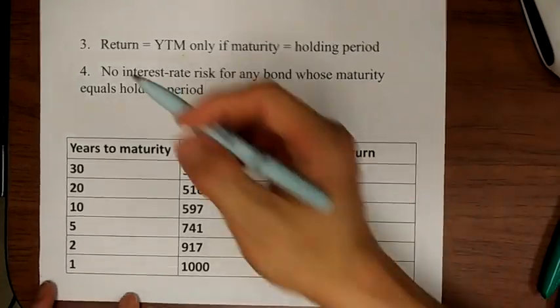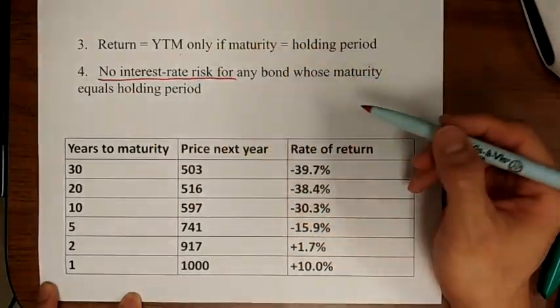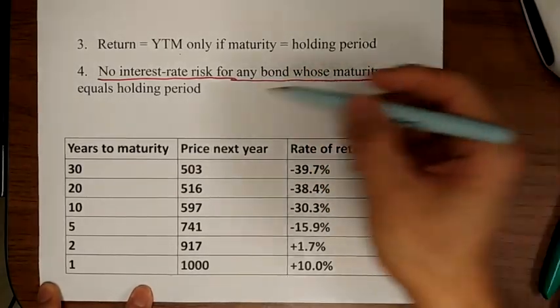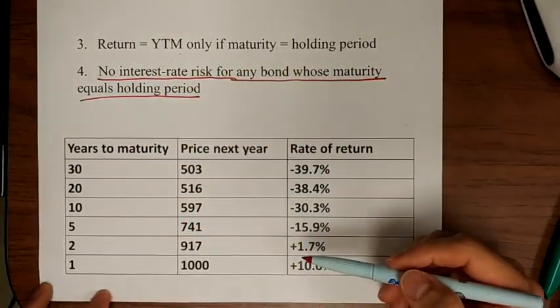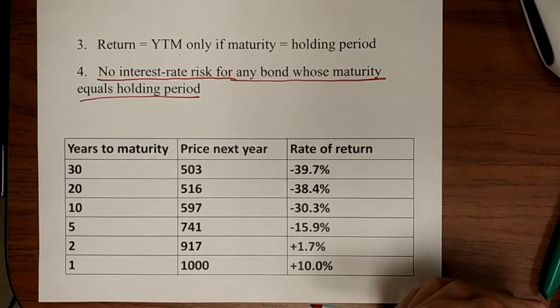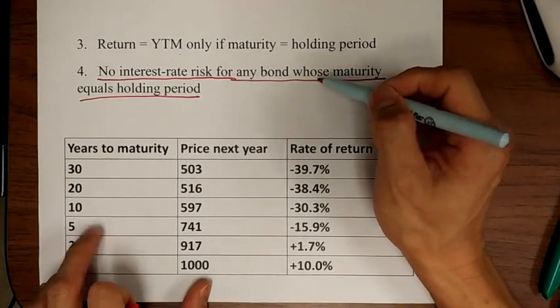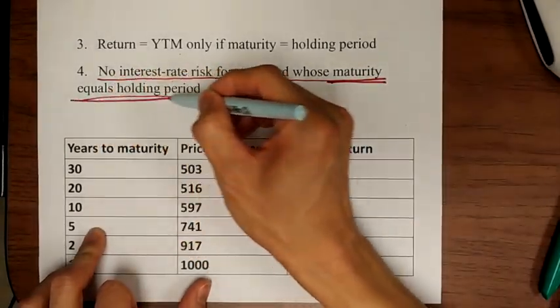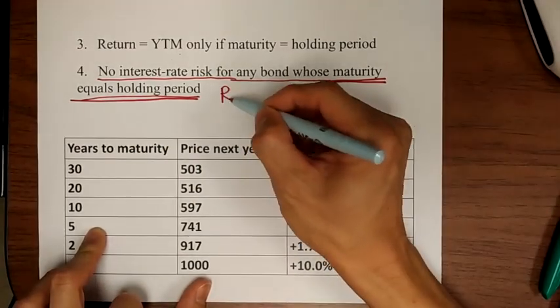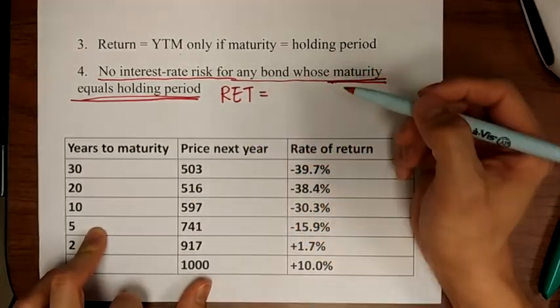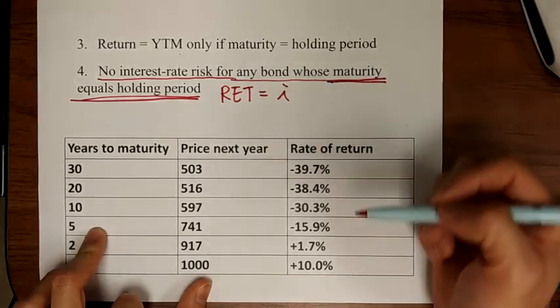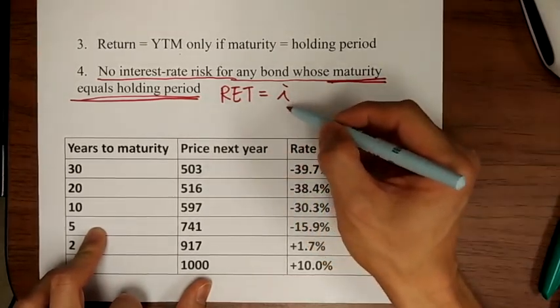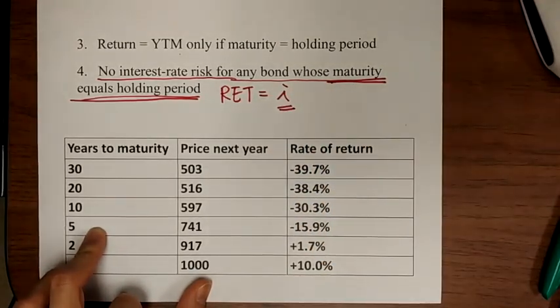Number 4, no interest rate risk for any bonds whose maturity equals holding period. Why? Because when maturity is equal to holding period, rate of return is equal to the interest rate. And when you buy the bond, you know the interest rate.